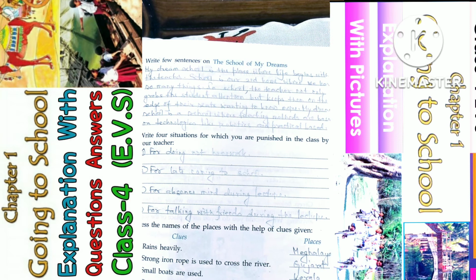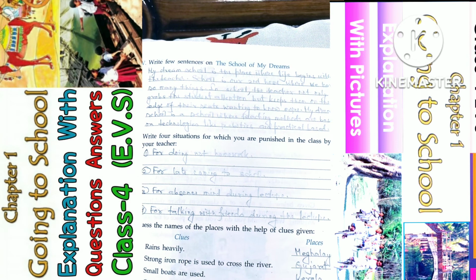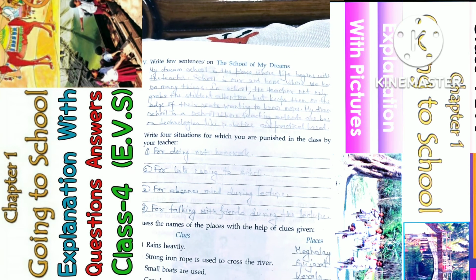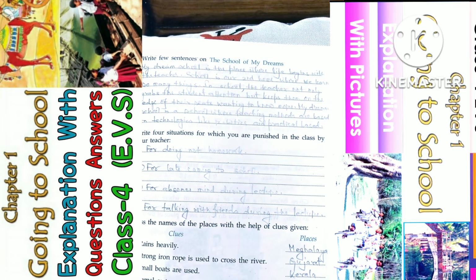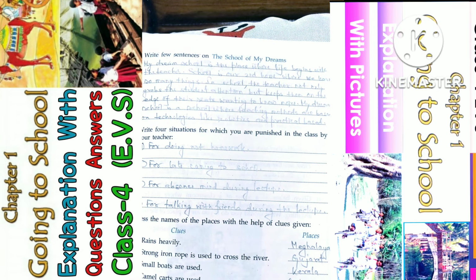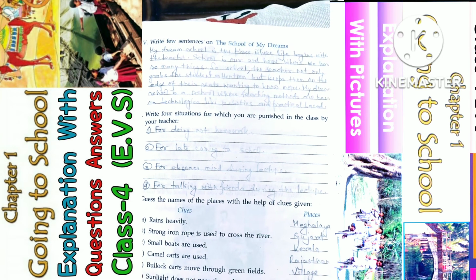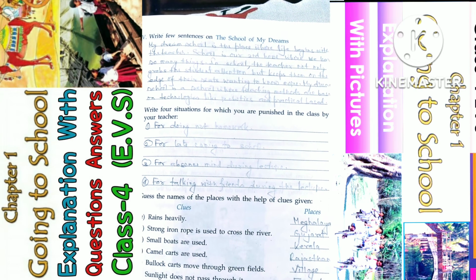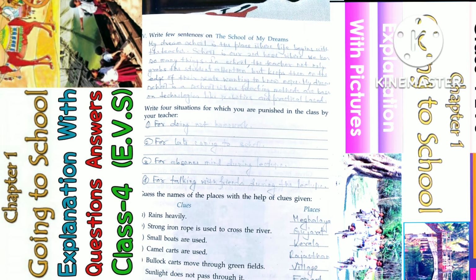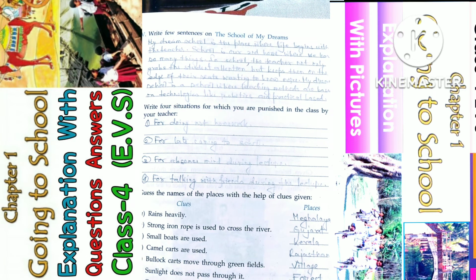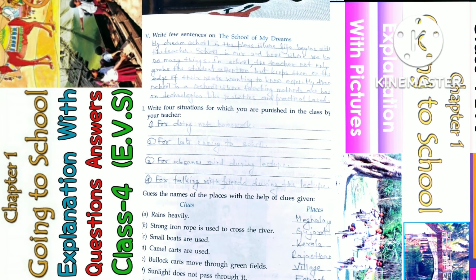My dream school is a school where teaching methods are based on technologies like robotics and practical based. So you can write your own also, different types of sentences you can make, and you can complete the few sentences on school of my dreams.